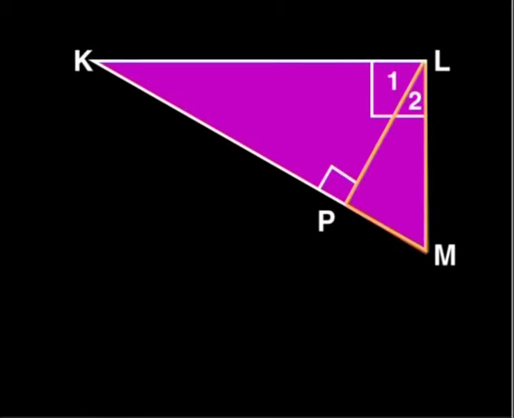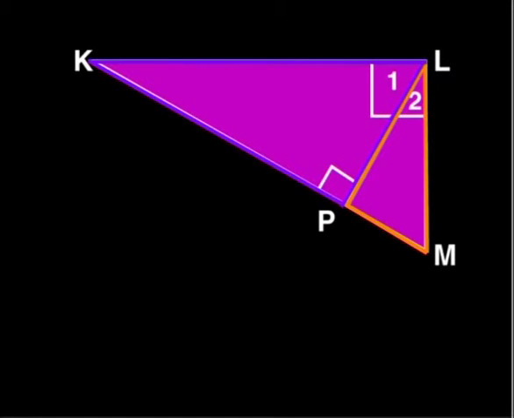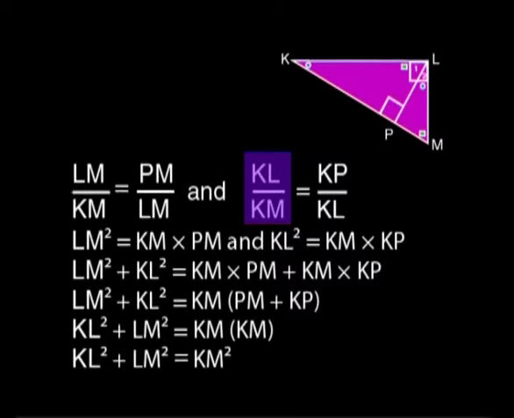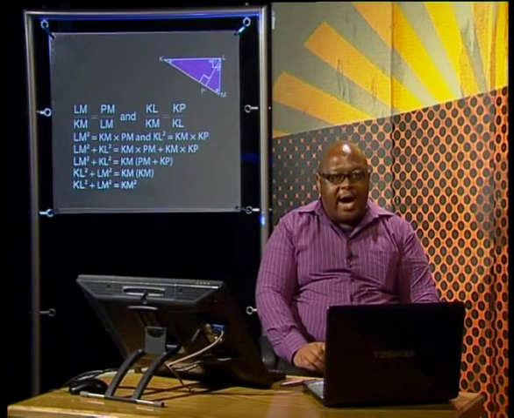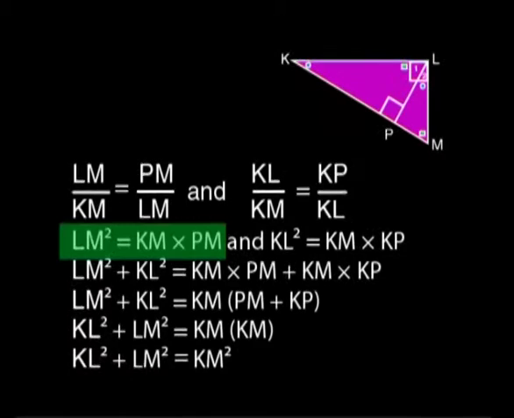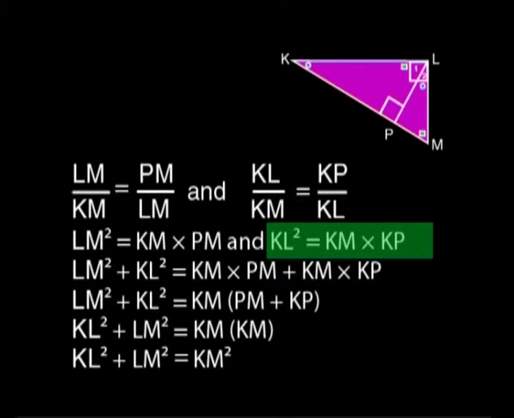In triangles LPM and KLM, KL divided by KM equals KP divided by KL. Now, we can use some of our algebra knowledge. If you cross-multiply these fractions, you get LM squared equal to KM times PM. And KL squared equal to KM times KP.